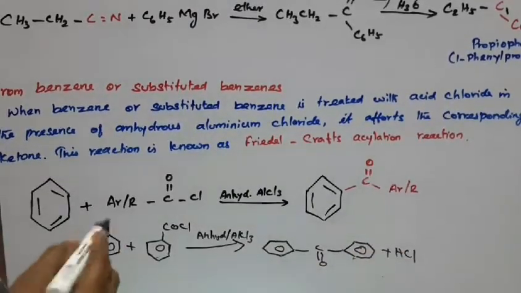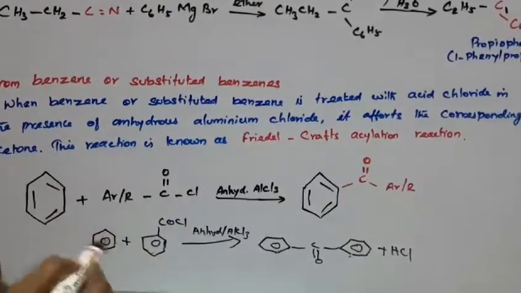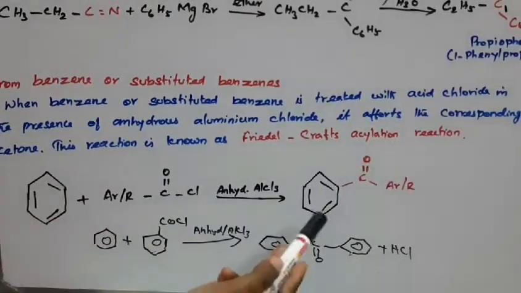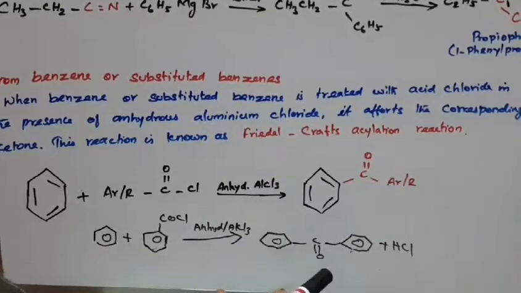So an alkyl or aryl acyl chloride reacts with benzene to form an alkyl phenone or aryl phenone.